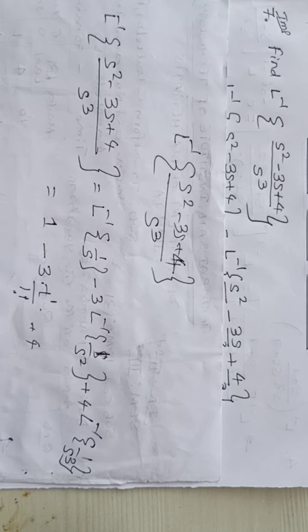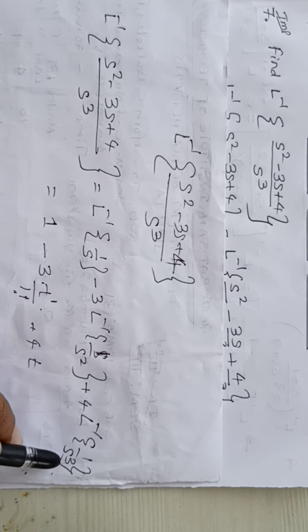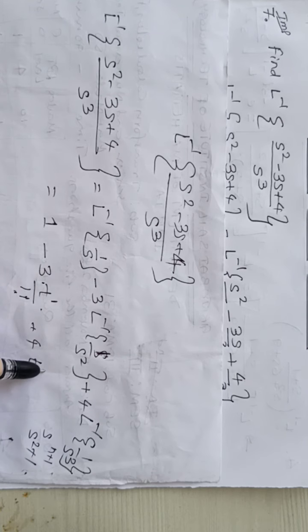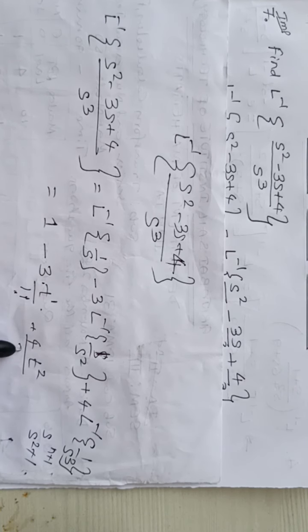Plus 4 Laplace inverse of, again the same, s raised to 2 plus 1, n plus 1 here, so we can write t raised to n divided by n factorial. So it becomes 1 minus 3t, 1 factorial is 1, plus 4 t square divided by 2 factorial, which is 2. 2 ones are 2, 4 twos, it is 2t square.